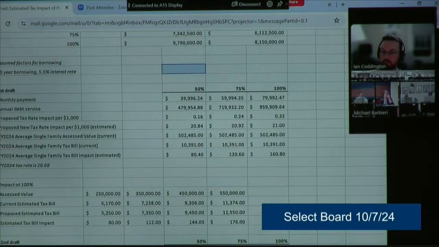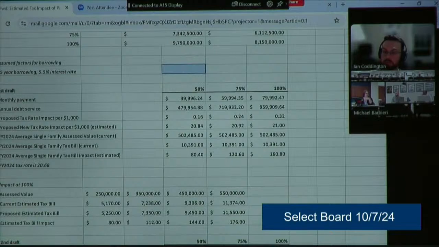So what you're seeing here is if there was an override, a debt excluded override, which is different than what our prior conversations had been. So this is if we went to the voters and said, do you agree to raise your taxes over and above 2.5% to cover roadway improvements? That's that scenario. I don't think it would reduce anyone's taxes. So it would just be using funds for debt service instead of for actual projects.